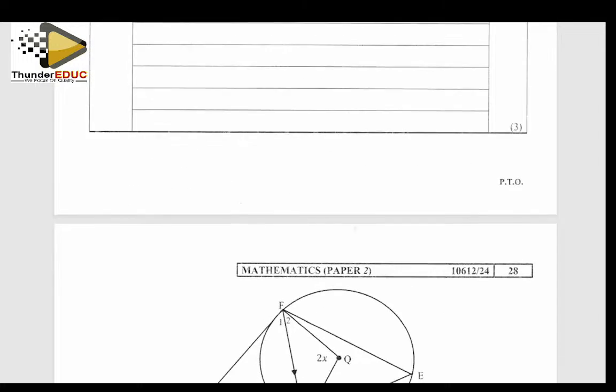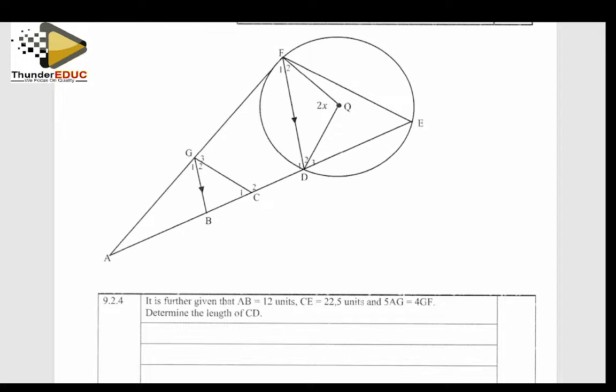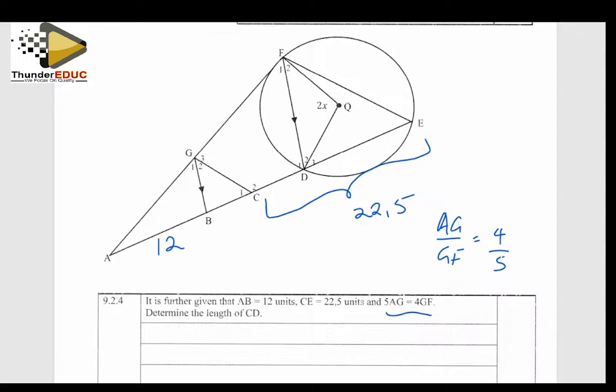And then 9.2.4, they're telling us that it's further given that AB is 12, CE from here up to there is 22.5, and then they gave us this ratio. Let's simplify that. So if we have AG over GF, that's going to be 4 over 5.